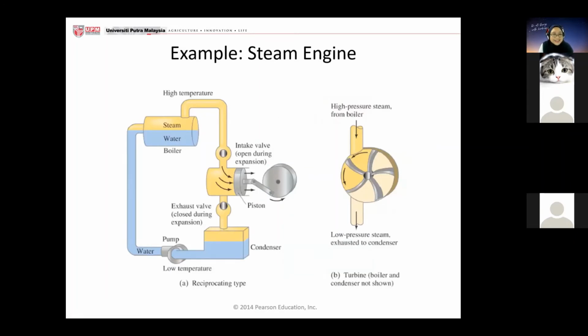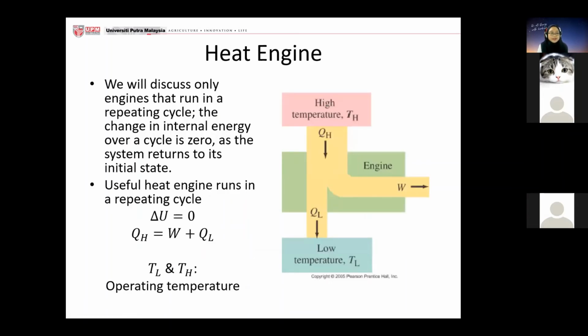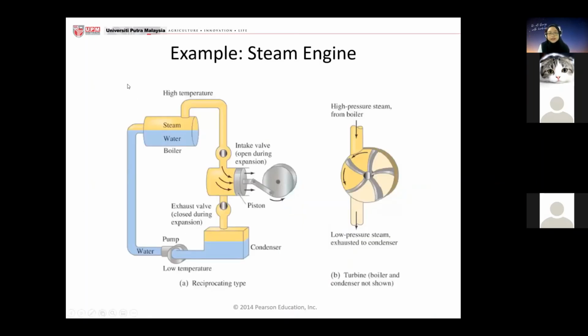Okay, so this is another representation, and this is a steam engine, by the way. It's very similar to before. If you look at that as the analogy and compare it to here, the high temperature is the steam reservoir, because this is a steam engine, so steam is definitely going to be generated.